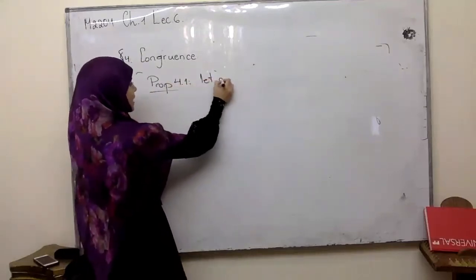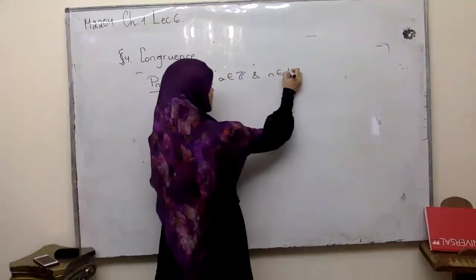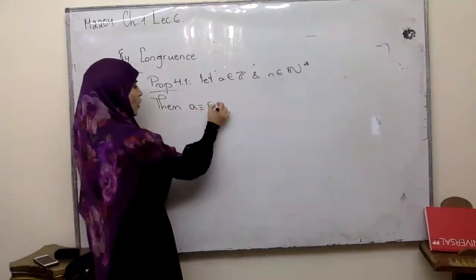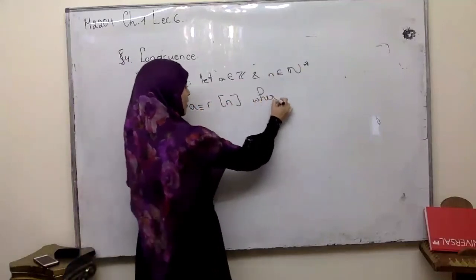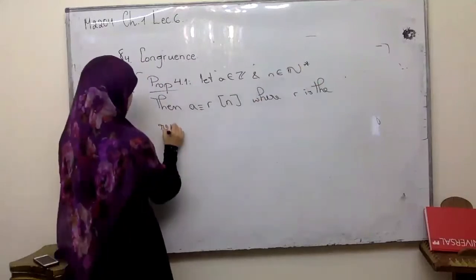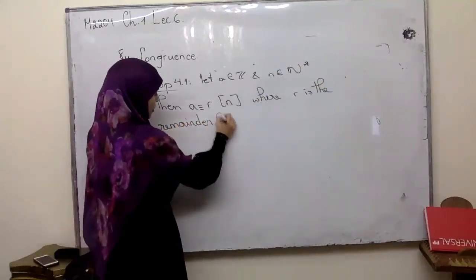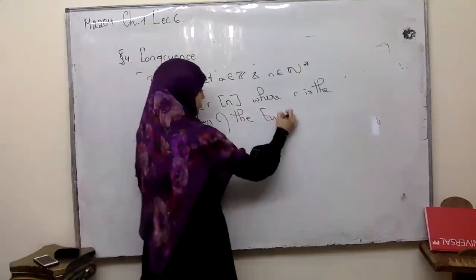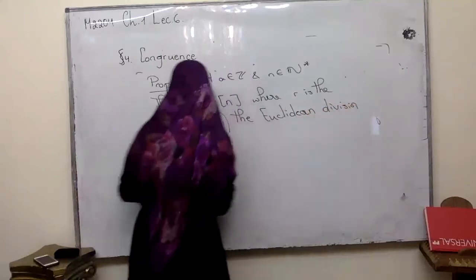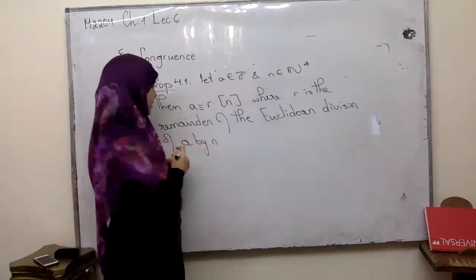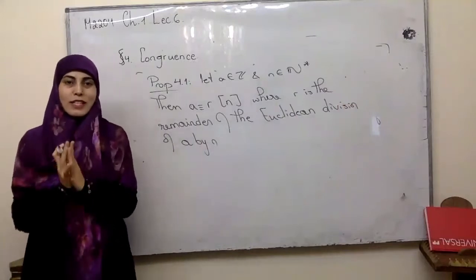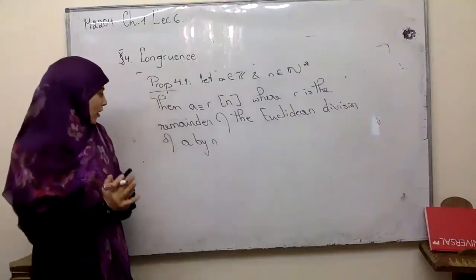Let A belong to Z and N belong to N star, then A is congruent to R modulo N, where R is the remainder of the Euclidean division of A by N. فإذا أنا على طول بقدر ألاقي X such that X is congruent to A modulo N, which is the remainder of the division of A by N.